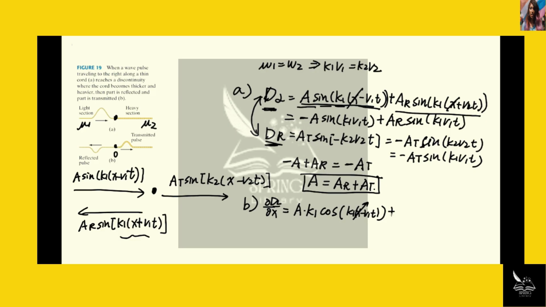The reflected wave is the same: k1 A_R cosine(k1 x plus v1 t), again x is 0.